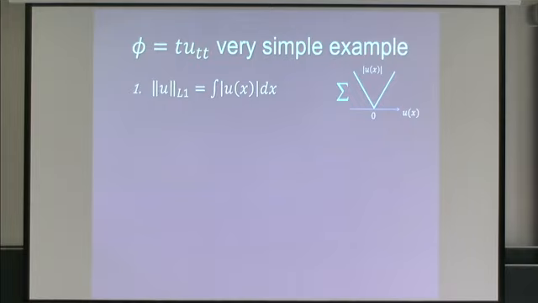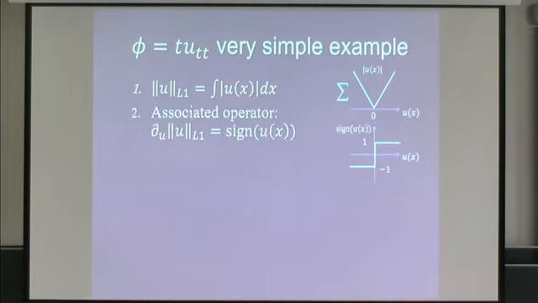Okay, so I'll give a simple example that I gave to undergraduates. They don't even know what TV is, so I'm giving them L1 and seeing how L1 can be decomposed into its very simple eigenfunctions. It's doing a very trivial thing, a little complicated, but it generalizes to any one-homogeneous function.